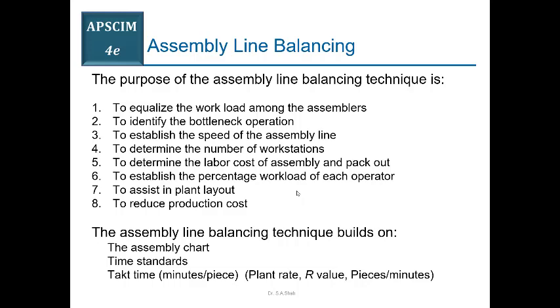It eventually becomes the plant layout. And of course, your main desire will be to reduce the production cost. So you can reduce production cost in this way, that if you can minimize the time differences, if you reduce the waiting times, this means that you are reducing the production costs.